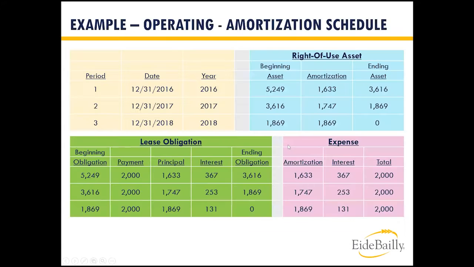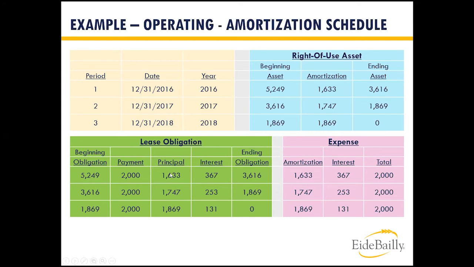So with this example, we have an operating lease. These are all the schedules that you would put together. This $5,249, that's where we start the asset. And then we also have a corresponding obligation or lease liability for the $5,249. That's where we start.